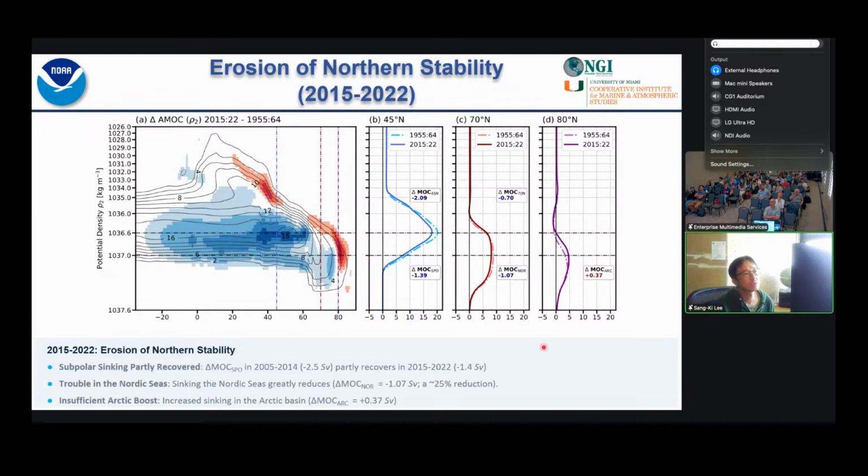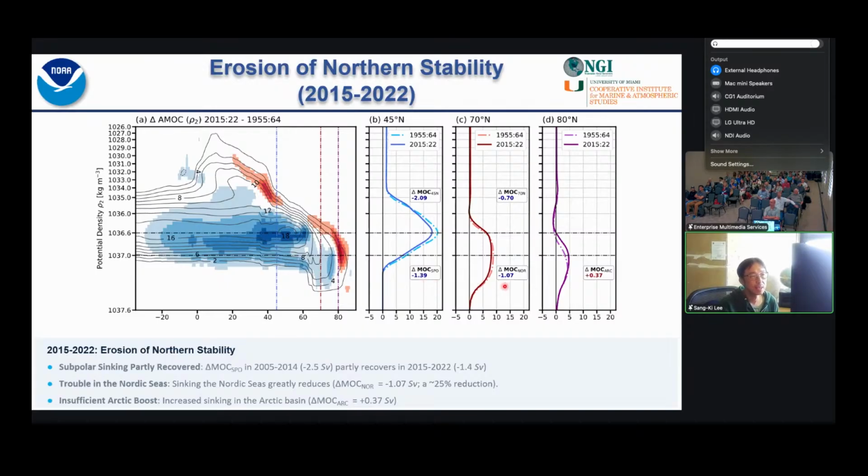Okay, during the most recent decadal period of 2015 to 22, the AMOC at 45 degree north is still reduced by more than 2 Sverdrup. And the subpolar sinking partially recovers from about a 4.5 Sverdrup deficit in the previous decadal period to only a 1.4 Sverdrup deficit.